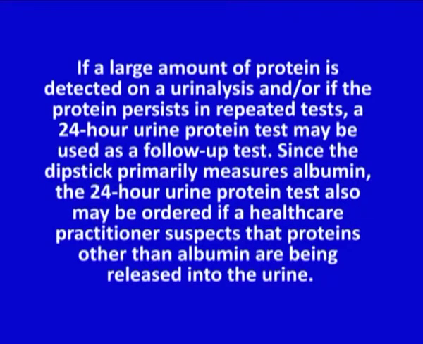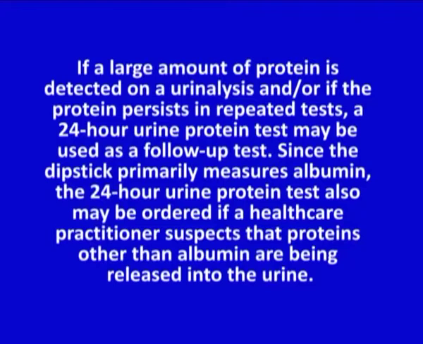If a large amount of protein is detected on a urinalysis and/or if the protein persists in repeated tests, a 24-hour urine protein test may be used as a follow-up test.